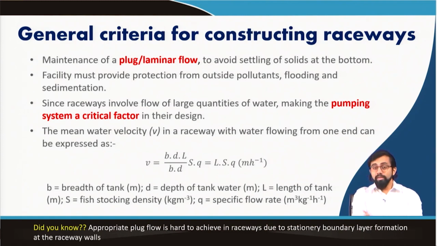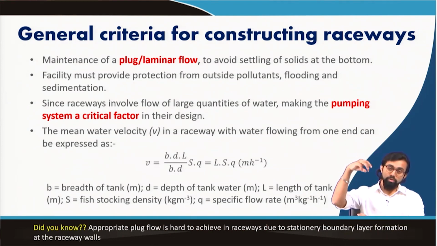I can give you one example of laminar flow and turbulent flow, just to give you a very broad perspective. When you switch on your water tap, what will happen? The water will keep on dropping. At one moment it is a very homogeneous flow of water, and you see that there is no disruption in the flow.